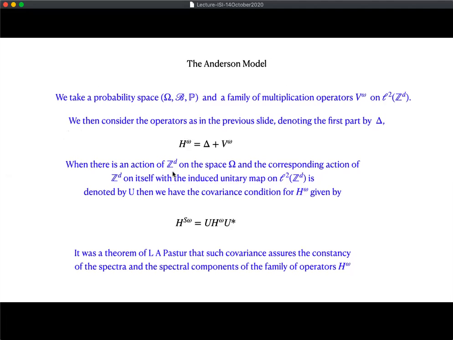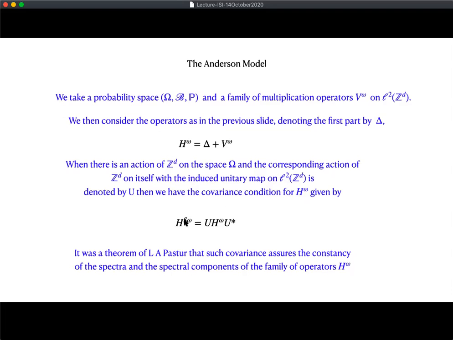So when there is an action of Z^d on the space omega, and the corresponding action of Z^d on L2 of Z^d by induced unitaries, we require that this collection of operators satisfy H(S omega) equals U H(omega) U*, where S is acting on omega and U is a unitary acting on L2.